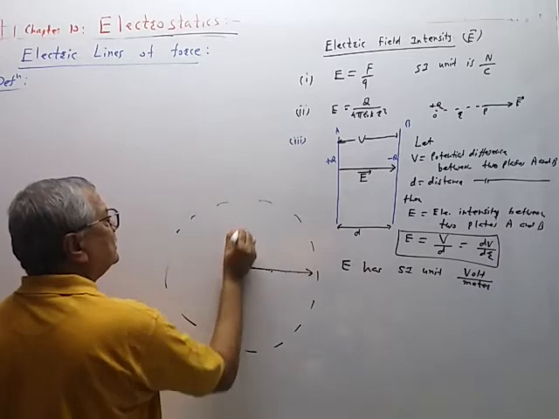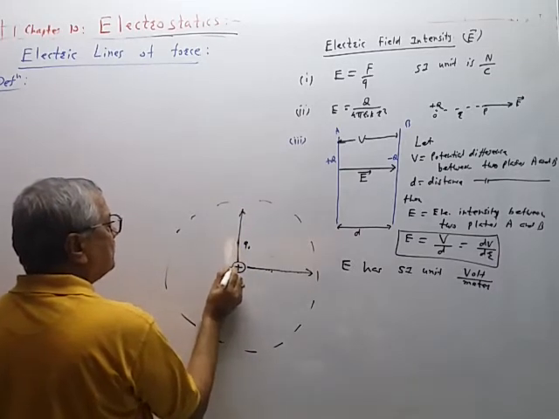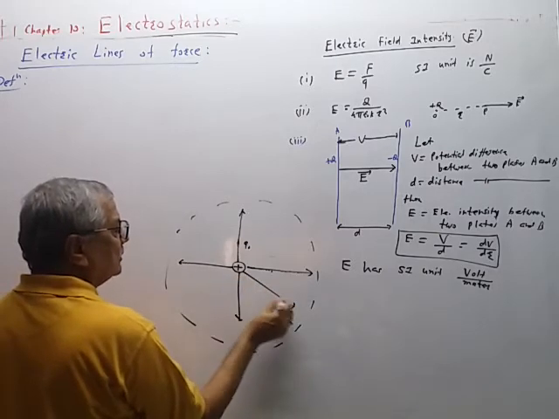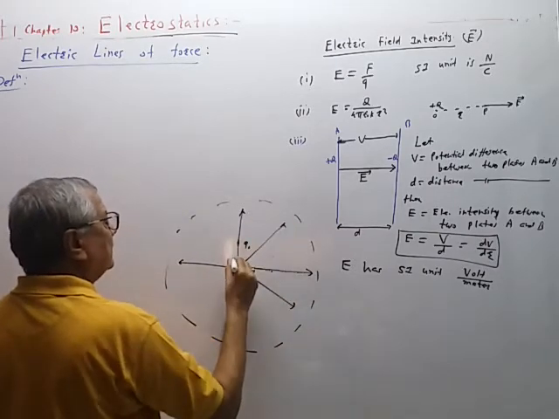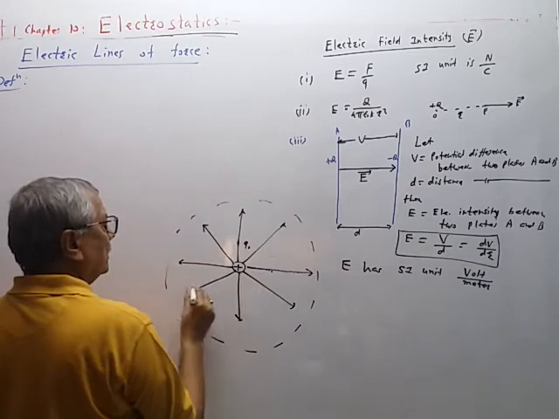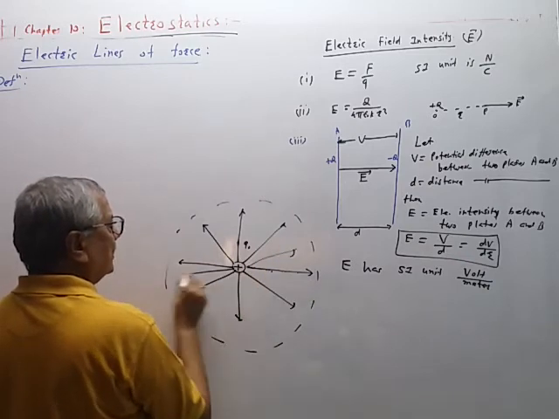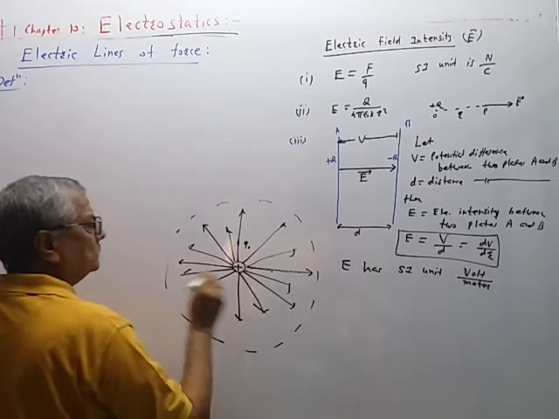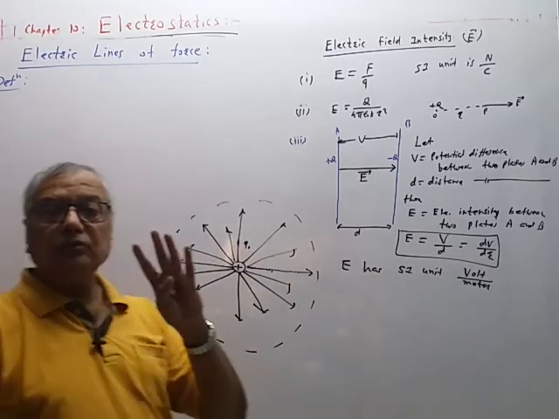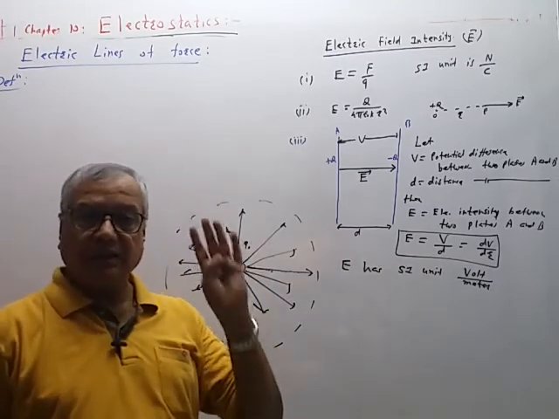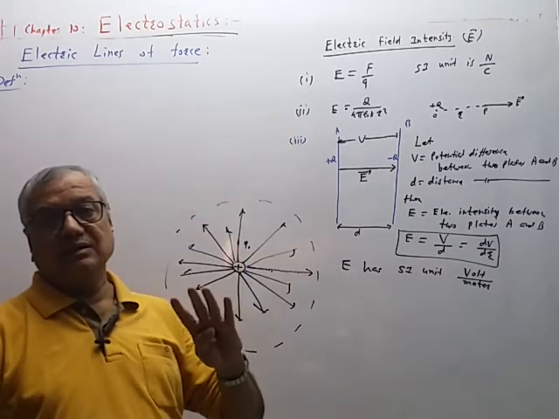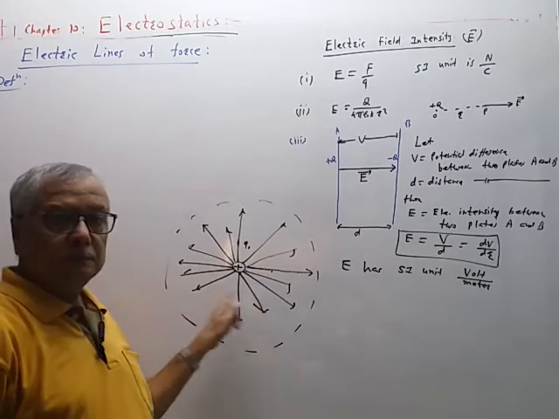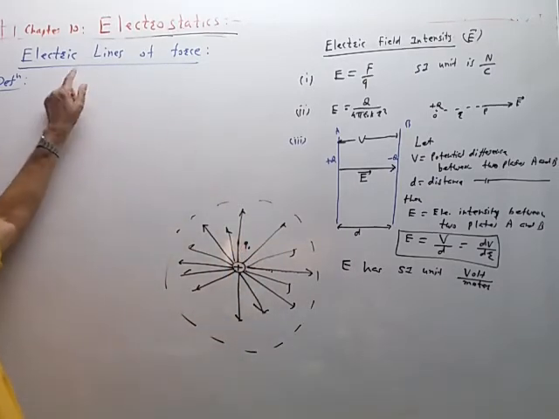It will now move in this direction. It may move along this path, along this line, along this direction. I was using three words, path, line and direction. So all these are called electric lines of force.